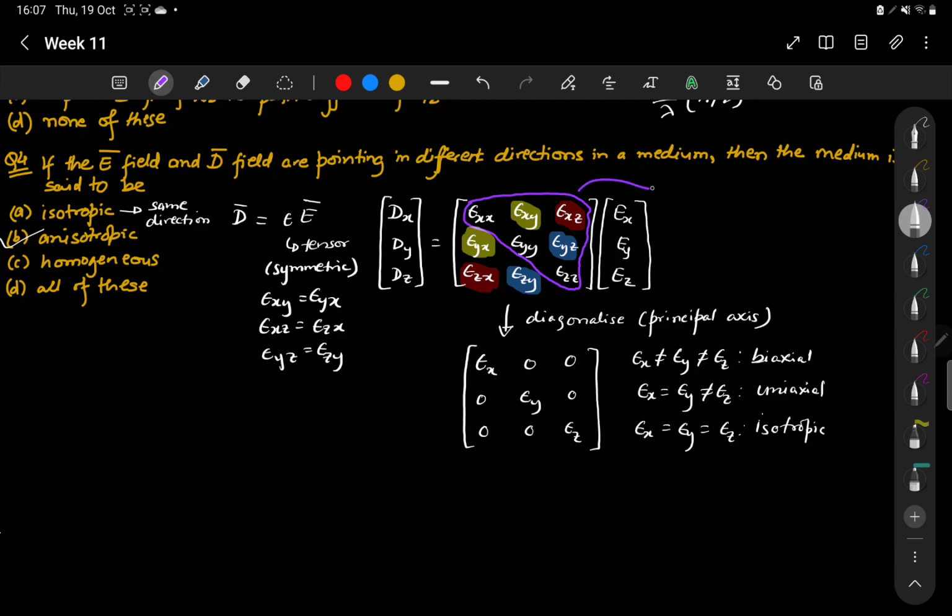So 6 independent elements in this permittivity tensor. So there are a total of 9 elements in the permittivity tensor, out of which only 6 are independent elements. The remaining 3 are same as 3 other elements because of the property of symmetry.